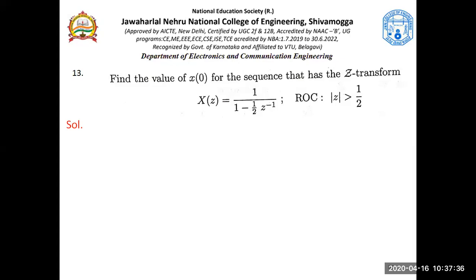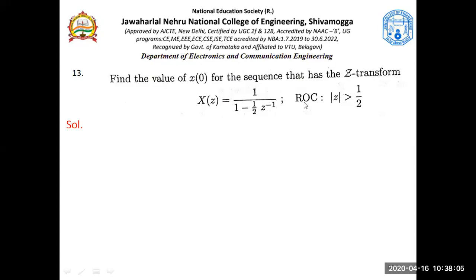But the initial value theorem is applicable to causal sequences. What are causal sequences? The right-sided sequences. So do you think this is the Z transform of a right-sided sequence? Seeing the ROC, you should be able to tell that. Seeing the X of Z, you will not be able to say that. But seeing the ROC, you will be able to say whether the signal is right sided.